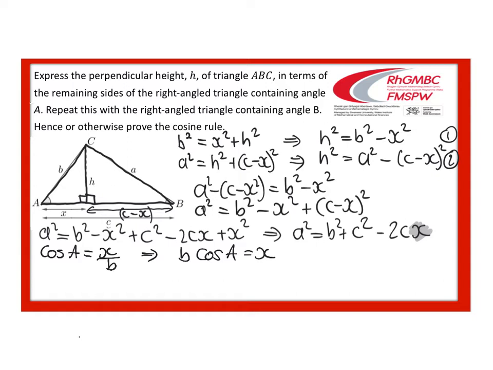And finally, if I substitute this into the expression that I've got, a squared equals b squared plus c squared minus 2cx, I replace the x, so I can then write this as minus 2bc cos a. And there you have it. We've proved the cosine rule.